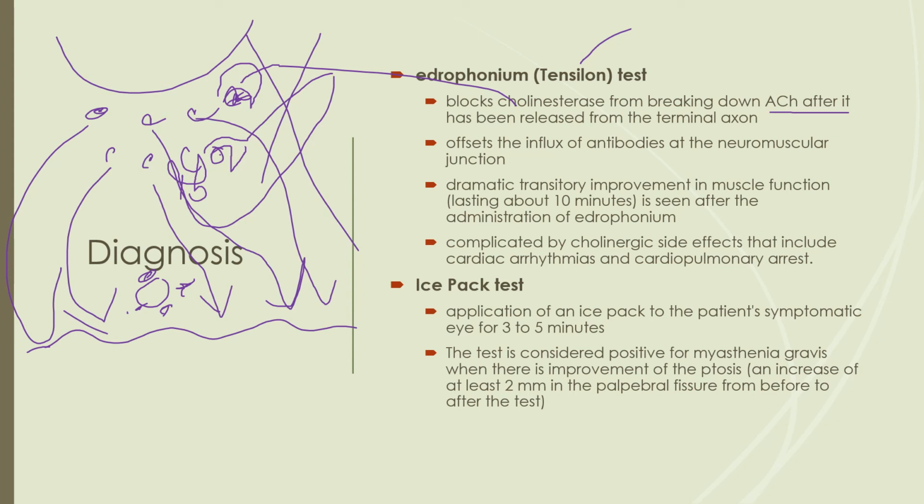After I give them this drug, if their muscles improve, if there's less drooping, if there's more strength, then I know that this is the problem. It's an issue with acetylcholine getting to the muscle site. So we're allowing the acetylcholine to stay in high concentration to cause that muscle to contract again. So this offsets the antibodies and should see an improvement in muscle function.